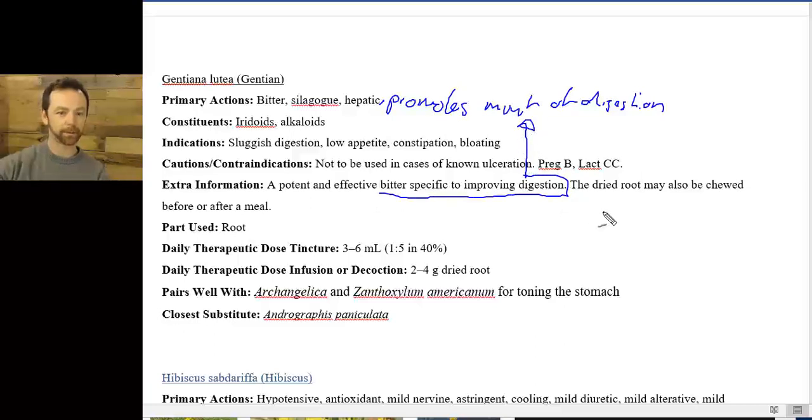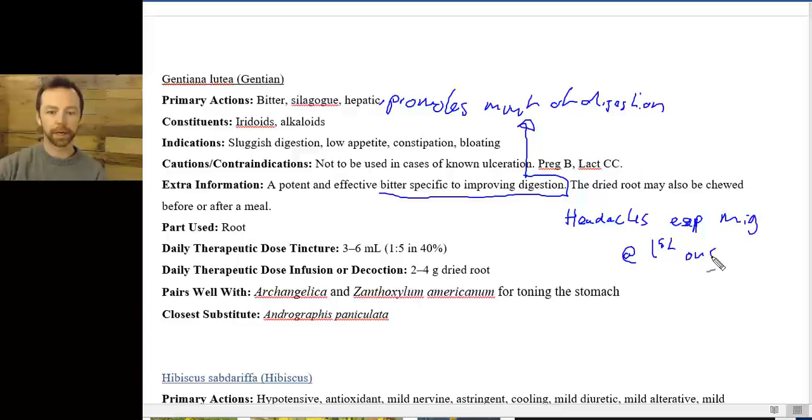Now, here's something I have been using it for. I like it for headaches, but I like it especially for migraines, at first onset, and I'll even go one step further, especially visual components.